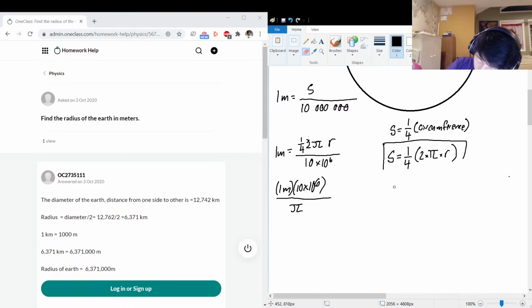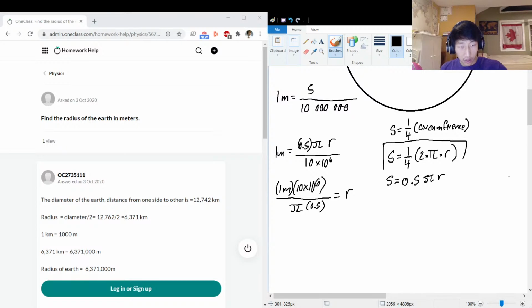This should be S is equal to 0.5 pi r, and instead of up there, I'm going to rewrite that as 0.5. All that fraction stuff does not get confusing at all. Okay, so we know that it has to be divided by 0.5. And this is equal to r.